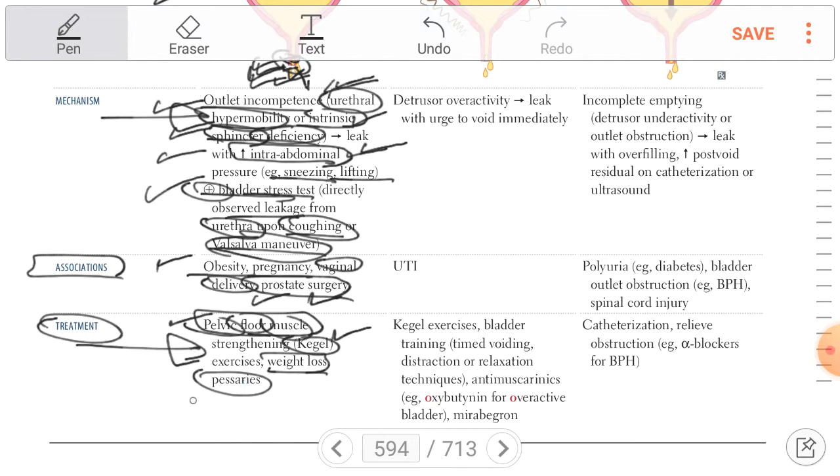What is a pessary? A pessary is a device that the doctor will insert into the vagina, leading to support of the prolapsed organ. So you will use pessaries. So Kegel exercise, weight loss, or pessaries.